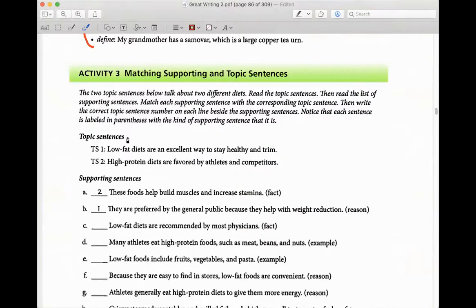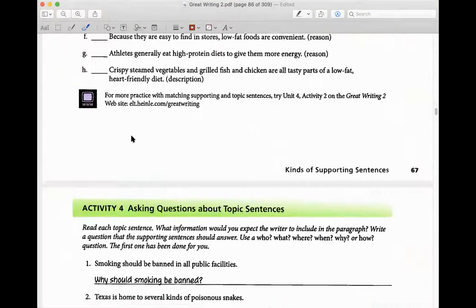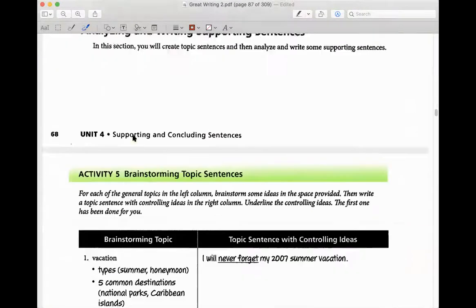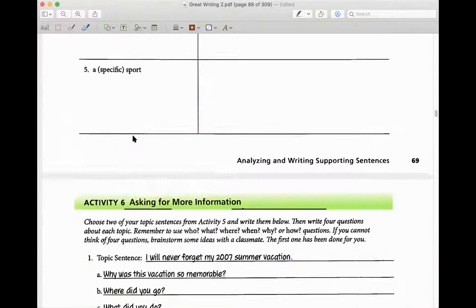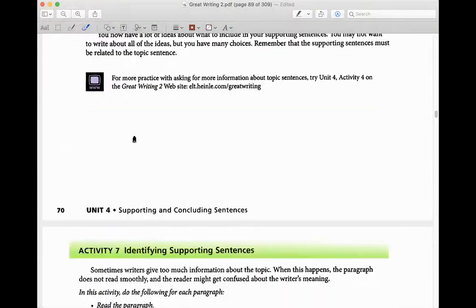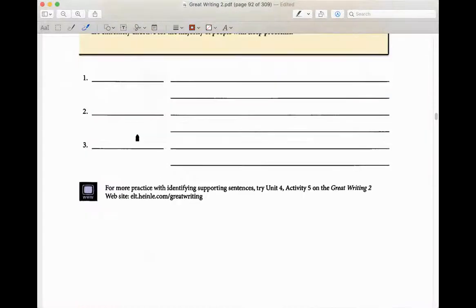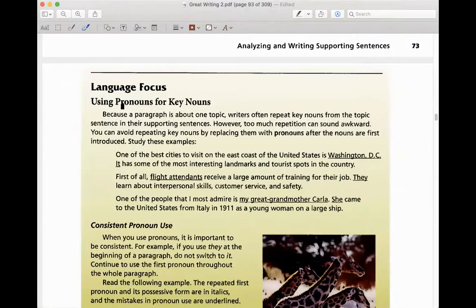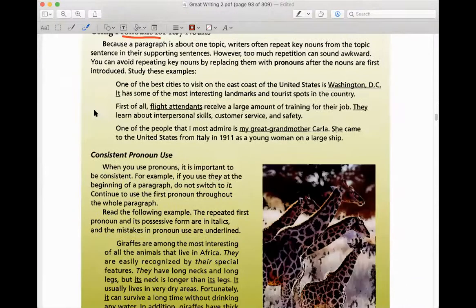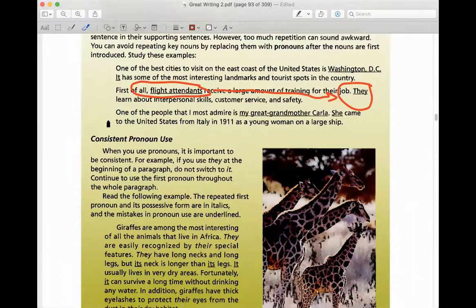Keep that in mind when you write. Your language focus here, pronouns, right? Changing, for example, flight attendants becomes they the second time you refer to them to make your writing more interesting. So there will be some questions like that on there.